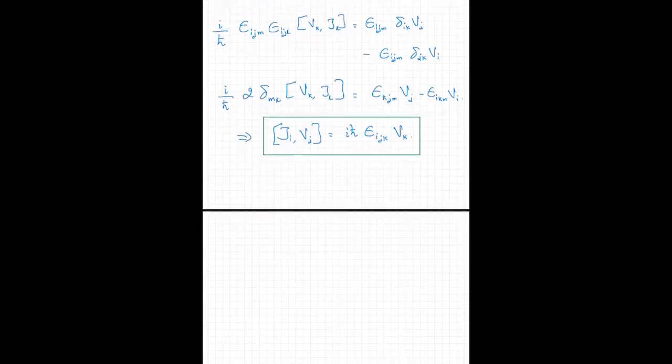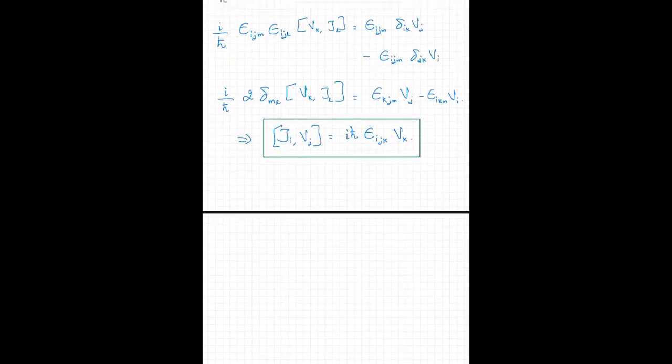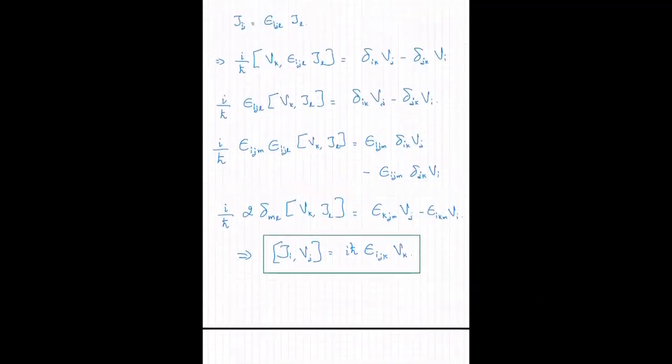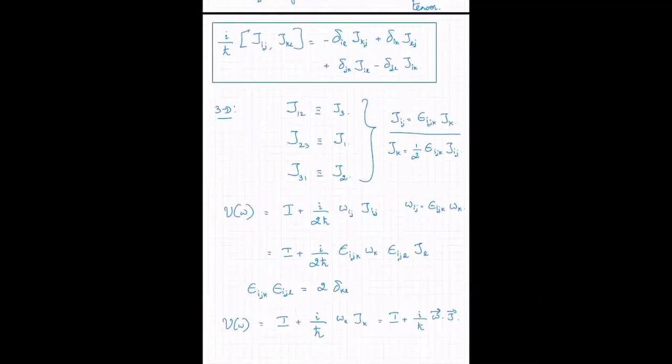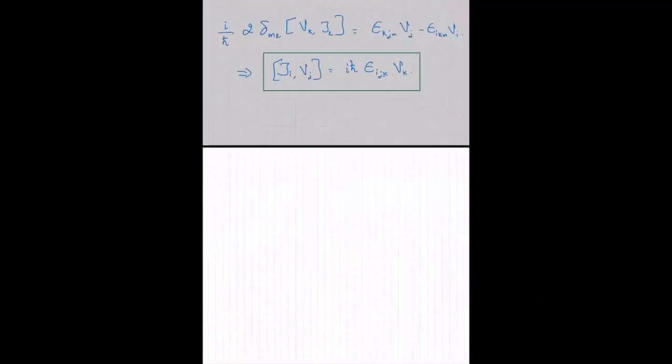But before that, let us push ahead and tell you that if I substitute J_ij equals epsilon_ijk J_k in the boxed equation before, in the commutator between J_ij and J_kl, you will get the commutator between two different components of J also.